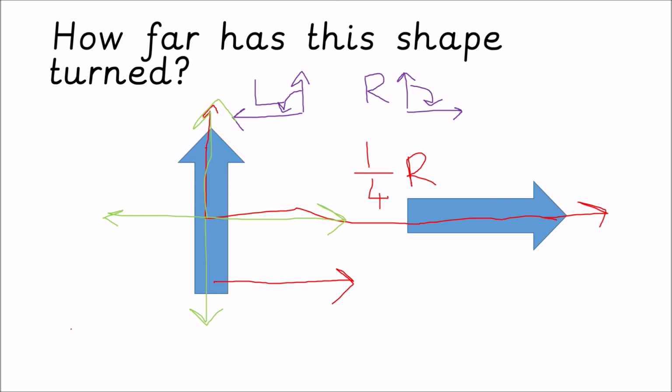So if I'm going to the left, I've gone one, in fact, I'll use my laser pointer to make it a bit easier to see. If I'm going to the left, I've gone one, two, three quarter turns. So you could either, and both would be equally right, you could say that I've either gone three quarter turns to the left, or I've gone a quarter turn to the right.